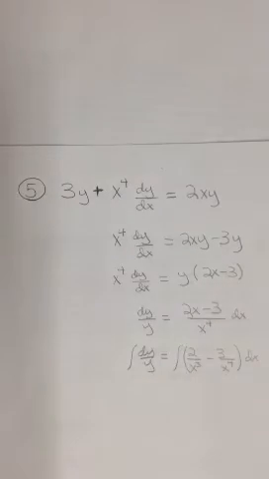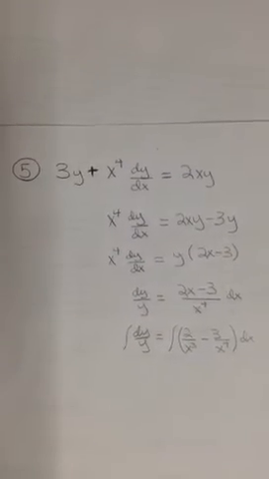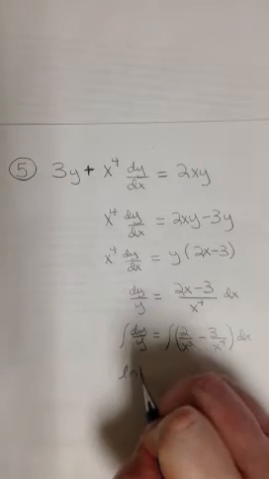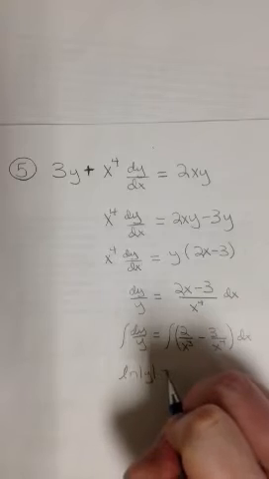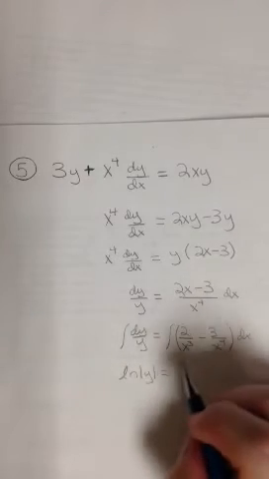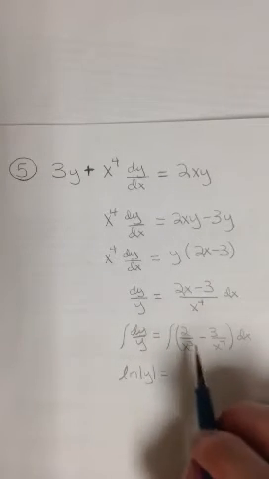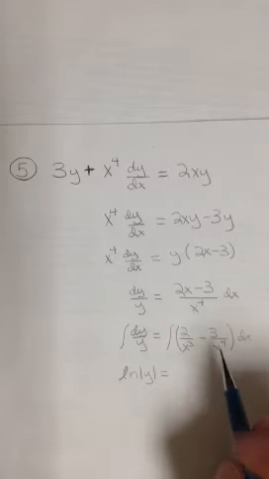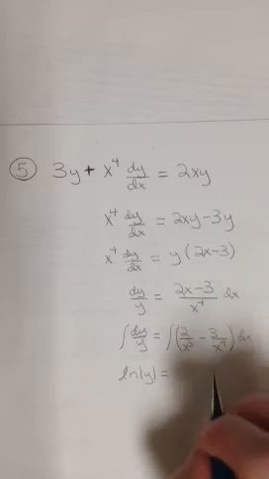And as we look at the antiderivative on both sides, we have the natural logarithm of y is equal to, with power rule applications, 2 times x^(-3) minus 3 times x^(-4), carrying those principles over.